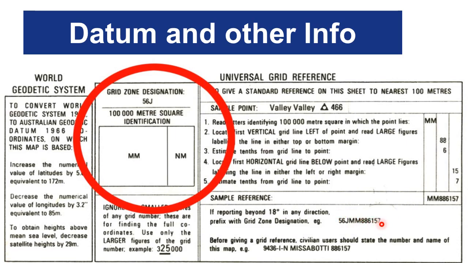But to ensure that the information gets across to, say, ops center or control or the chain of command, the full grid zone designator and 100 kilometer square identification should be included in any grid reference.